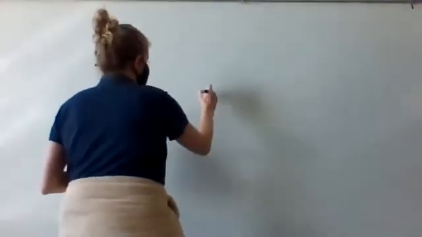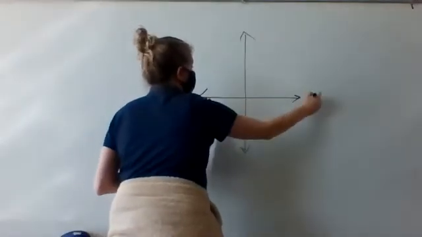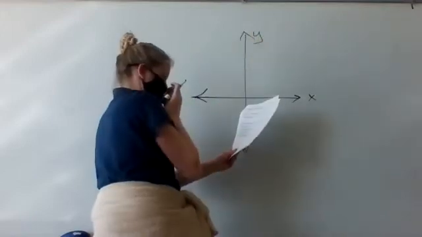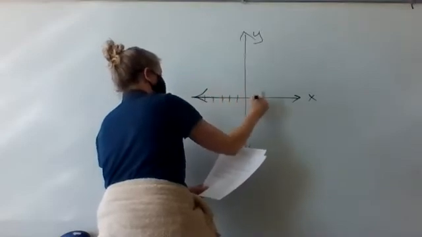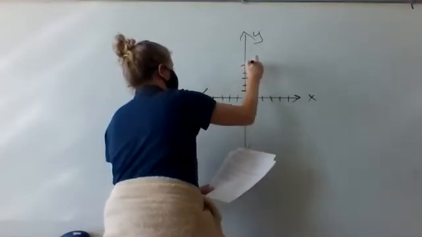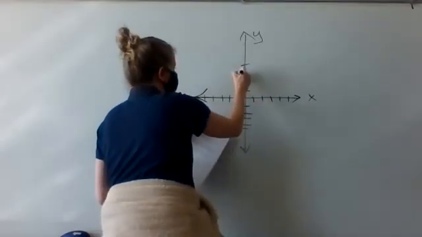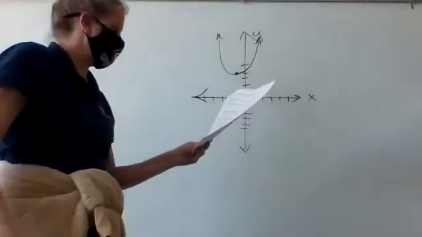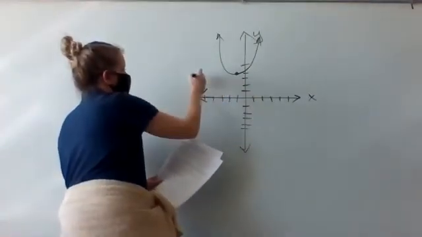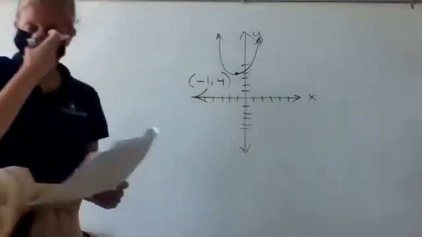So it gives me that point. So it gives me this parabola, and then it says this point right here, which is its vertex, is at -1, 4.